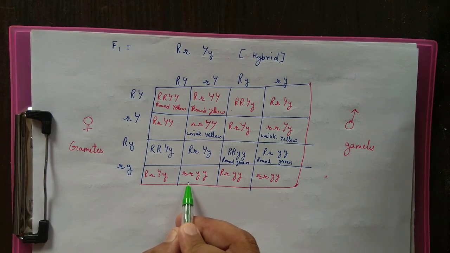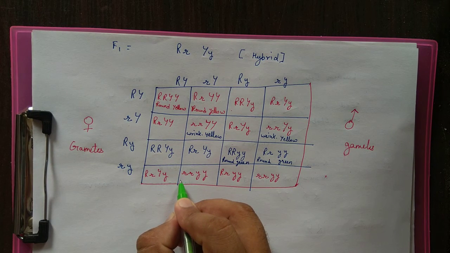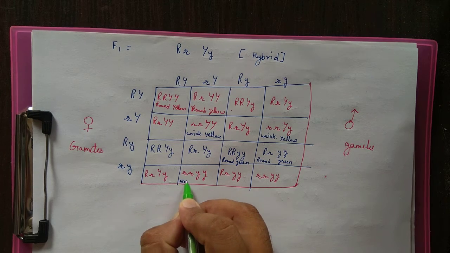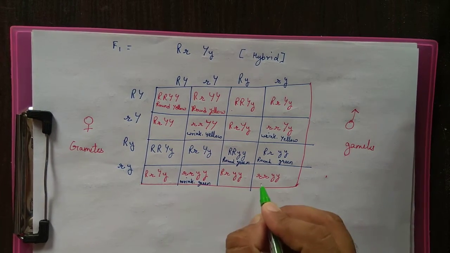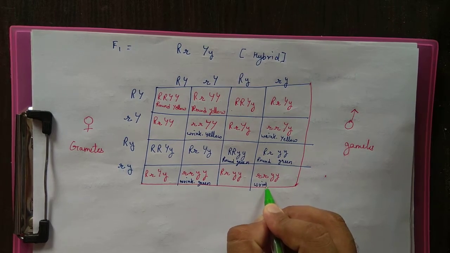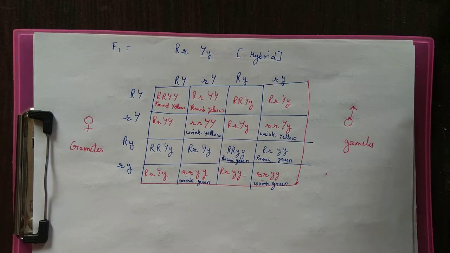This is also the pure recessive. So they are wrinkle green, wrinkle green. So this is the result of the F2 generation.